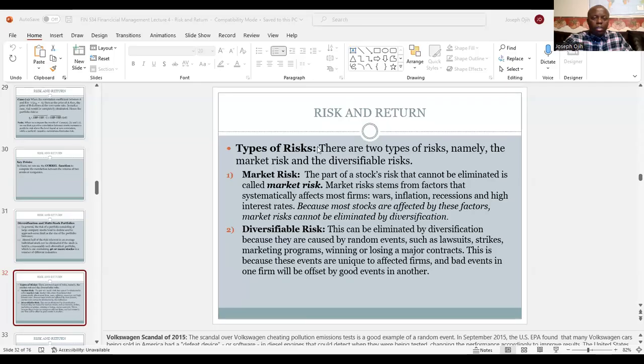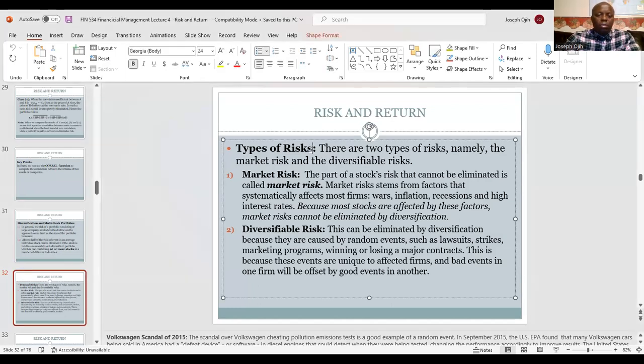Our topic of discussion today is types of risk, and we also cover some concepts on beta, stock beta.